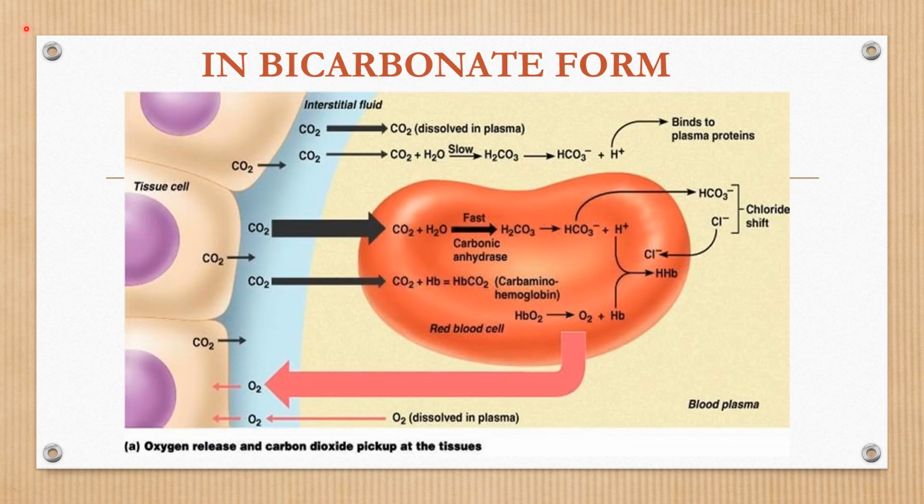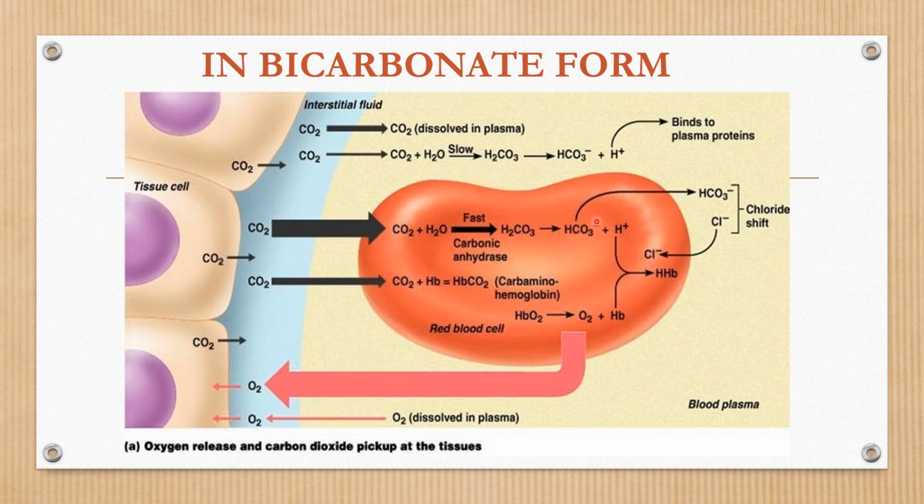The next is the major one, bicarbonate form transport. After CO2 enters the blood cell, what happens? CO2 combines with water, a very fast reaction mediated by the carbonic anhydrase enzyme abundantly present in the RBCs, to form carbonic acid, H2CO3, which again dissociates into bicarbonate and H plus ion.